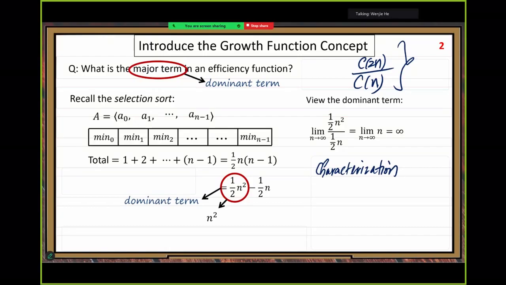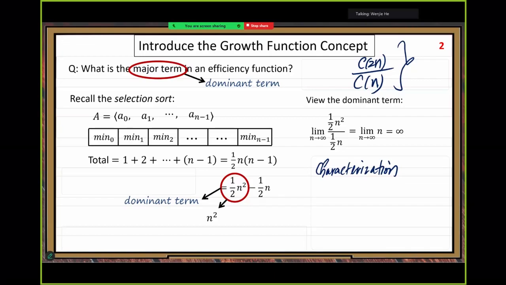And another understanding is that these two functions belong to the same category. They are different, we agree, by a different leading constant. But we put them in the same category. Still okay, right? Same category.